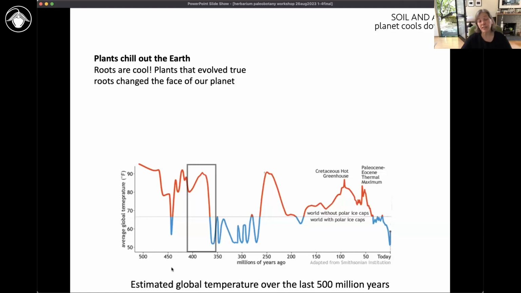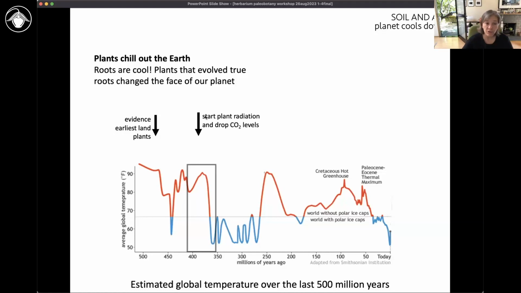So not going into detail with all the wiggly lines, what you can see is the time interval that we talked about in this module is in this gray box. And you can see that initially the planet was relatively warm. So 470 million years ago is when we see first evidence of land plants.